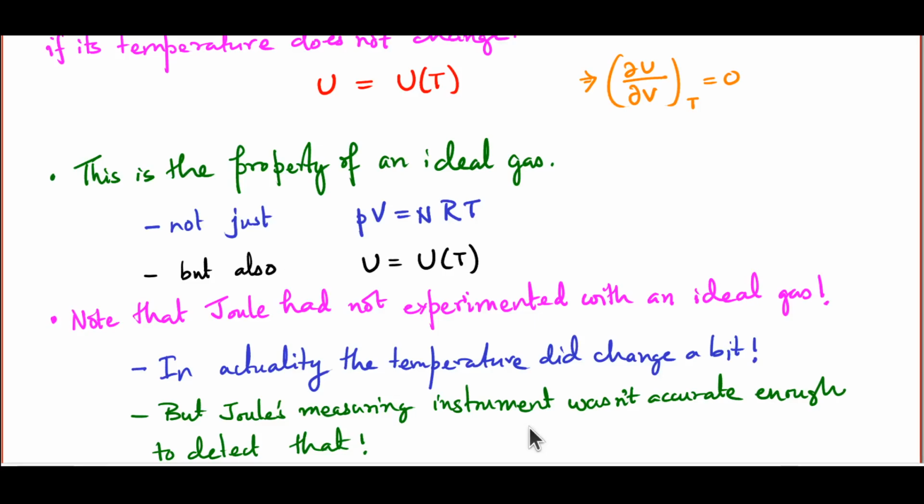As far as the history of thermodynamics is concerned, this simple fact that Joule did not have nice enough instruments, the kind that we have in labs today, allowed him to actually arrive at this very nice description of an ideal gas, that in addition to PV equal to nRT, it also obeys U is a function of temperature alone, which in turn led to a large amount of advancement in the subject.